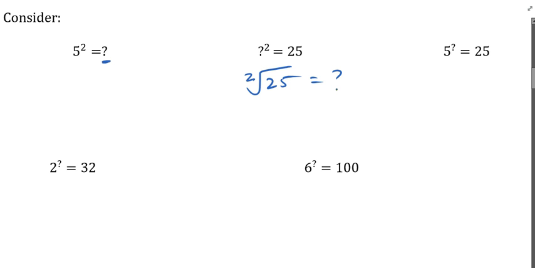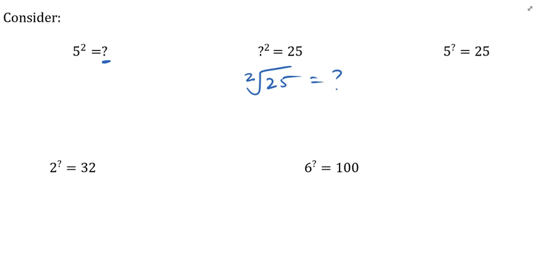That's the operation that turns it around to look for that question mark. So the last question mark in this situation is in the exponent. How do I find the exponent? And that's what a logarithm is.